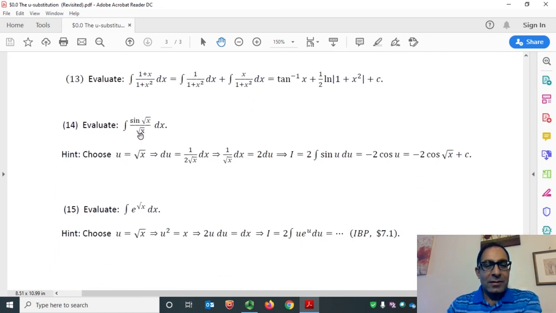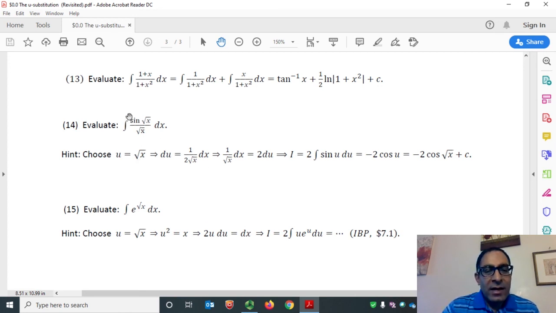Evaluate the integral of sine radical x over radical x dx. So our choice for u is radical x. Then take the derivative of both sides, so du equals 1 over 2 radical x dx.